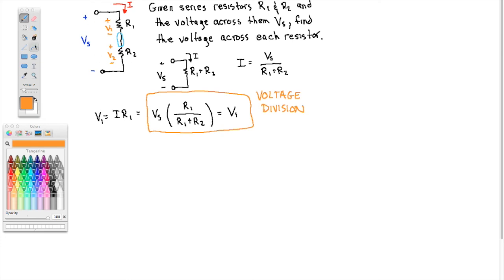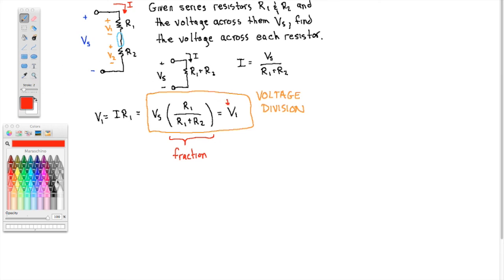Okay, it's called voltage division because this thing here in parentheses, that's a fraction, okay, that's less than 1. R1 plus R2 must be greater than just R1. So this is a positive fraction that is less than 1. So this thing in parentheses tells me the fraction of the total voltage that makes it across R1.